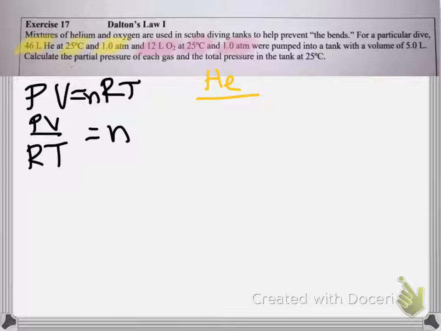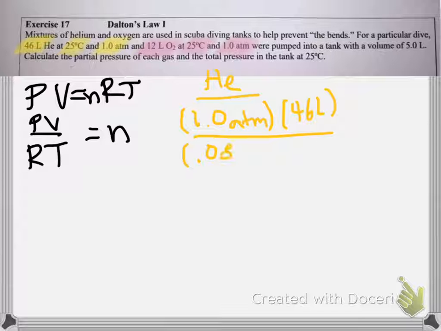We know that the pressure of helium is 1 atm. We know that the volume of helium is 46 liters. We are given R always, 0.0821, and remember that's atm times liter divided by mole times Kelvin. And we are given our temperature, 25 degrees Celsius, so that's 298 Kelvin.